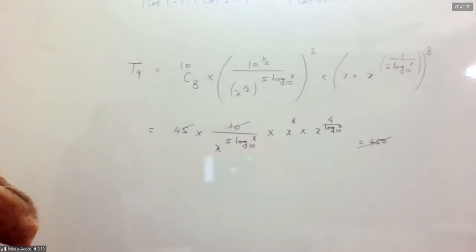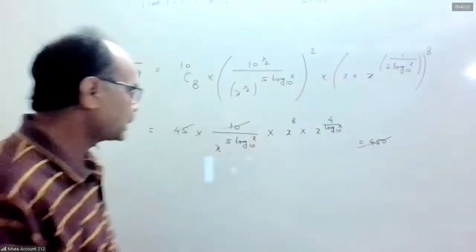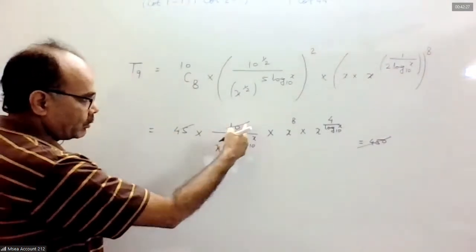So now you have to take log. Taking log both sides to the base 10. This is 1. I am directly writing 1 by this.